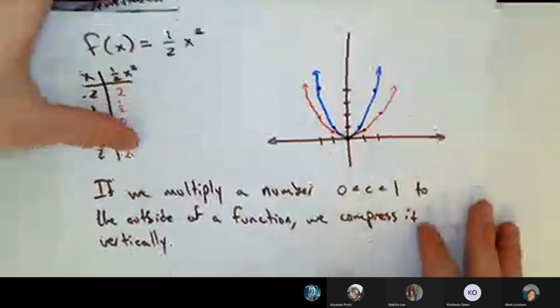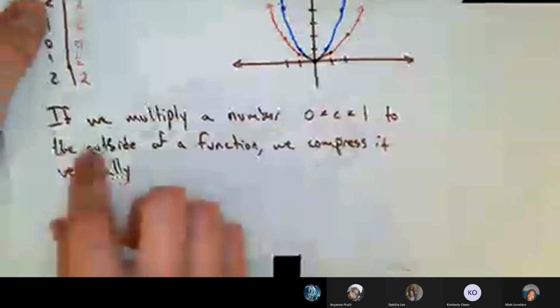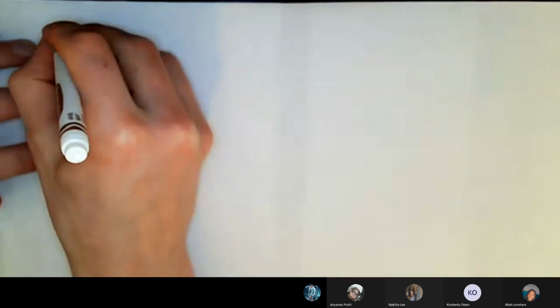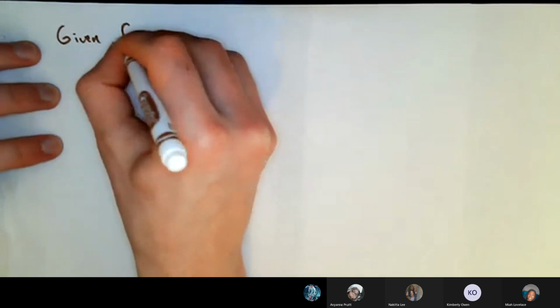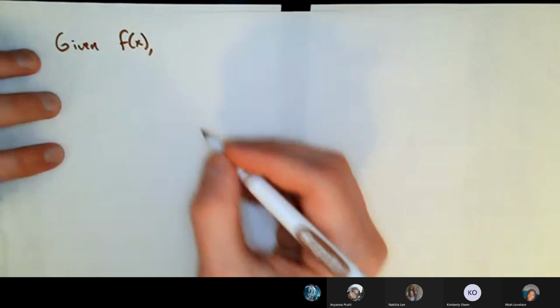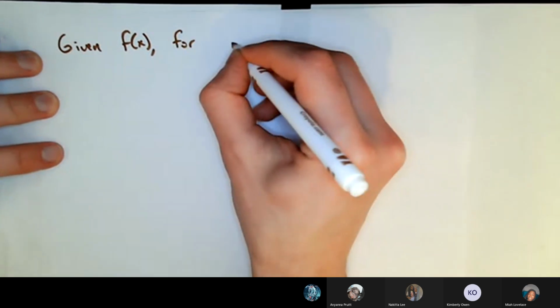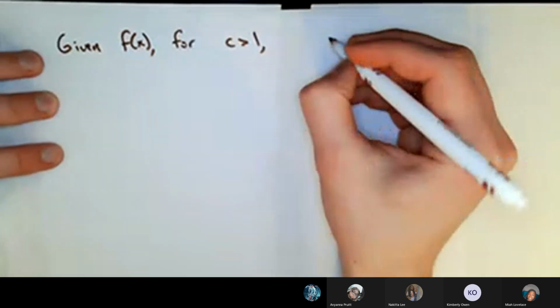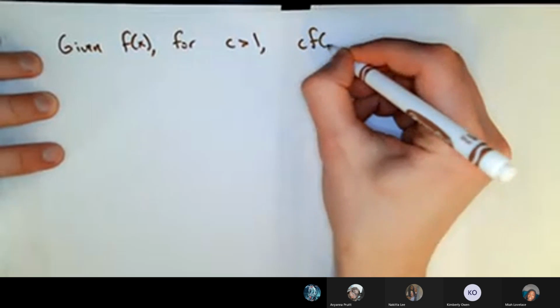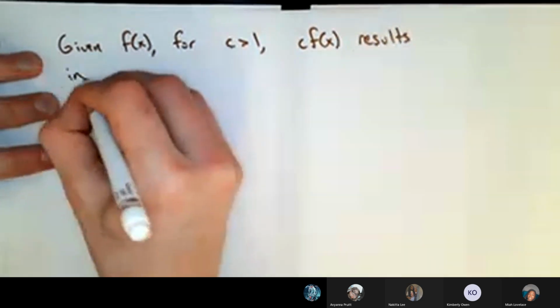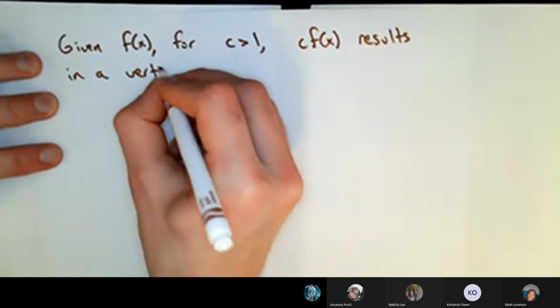So I said the rule sort of verbally, well, sort of in this form here. Let me write down an algebraic rule. Given function f of x, for c greater than 1, c times f of x results in a vertical stretch.